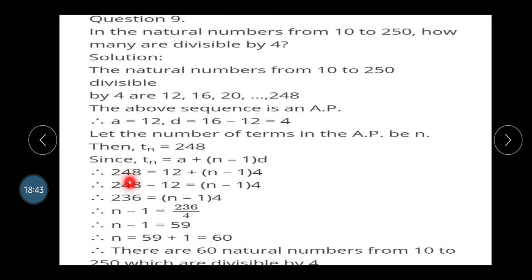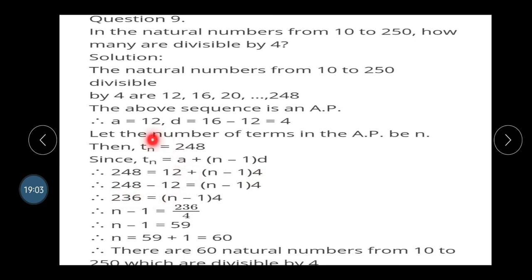We will substitute the values. Tn, the nth term, is 248. A is 12. n we need to find, minus 1 as it is. D is 4, that is the difference. So it becomes 248 equal to 12 plus n minus 1 into 4.